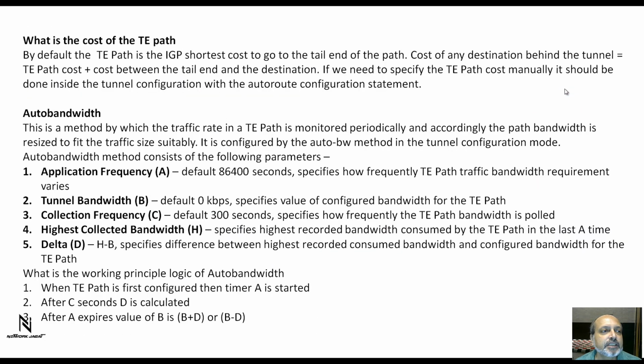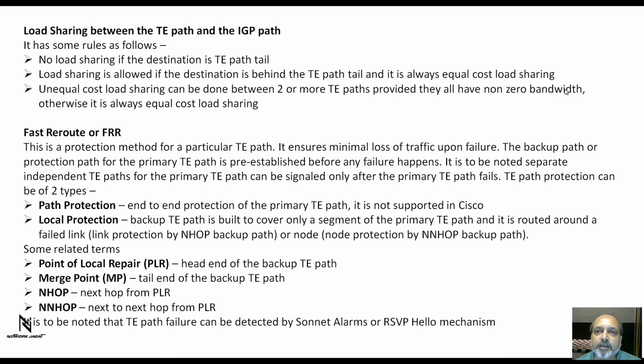Now for destinations beyond the endpoint. Load sharing is allowed if the destination is behind the TE path tail, and it is always equal cost load sharing. Unequal cost load sharing can be done between two or more TE paths, provided they all have non-zero bandwidth. Otherwise, it is always equal cost load sharing.